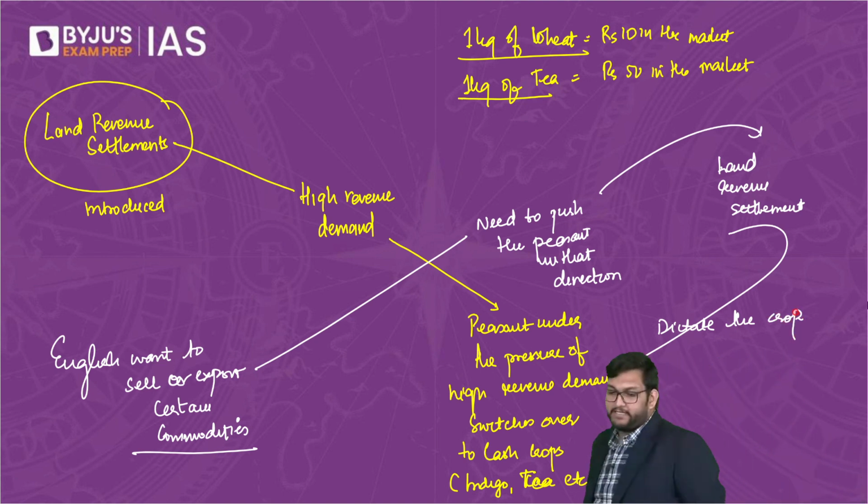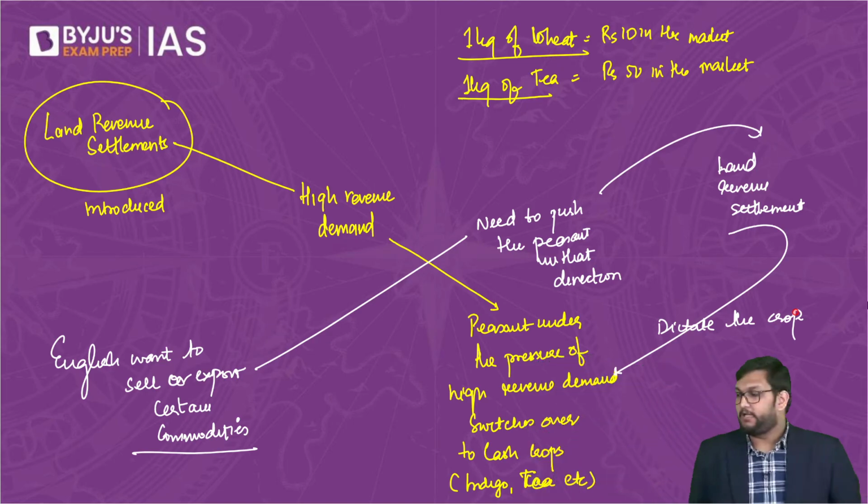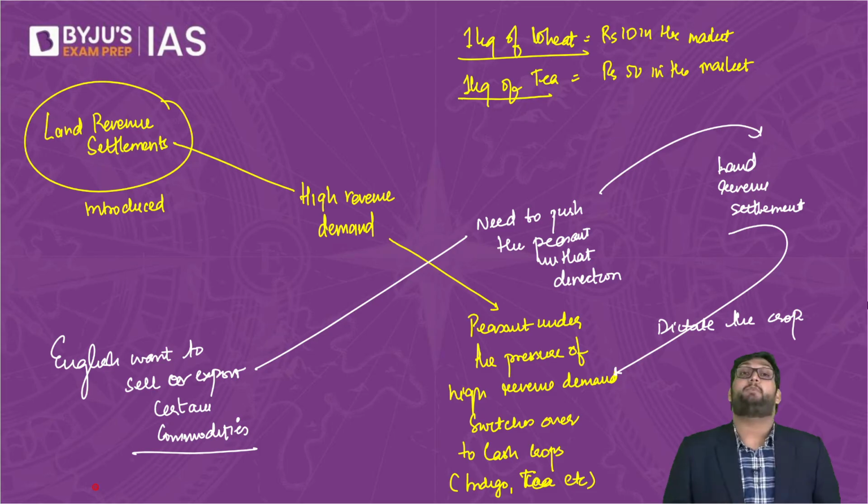Are you understanding the master plan here? In India, the peasant never did it automatically. This is called forced commercialization.